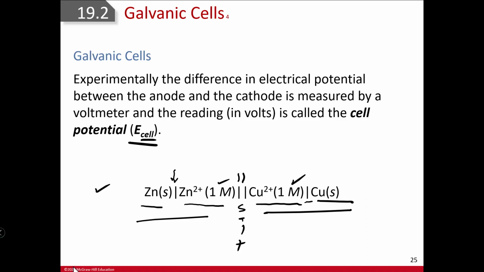I don't know if they spend enough time on it, but you're going to be able to calculate cell potential, and you're going to have to draw a schematic of that, and that's what this does for us. Anode, solution in the half cell, salt bridge, solution in the cathode cell, and there's your cathode, or the reduction cell, if you want to call it that.